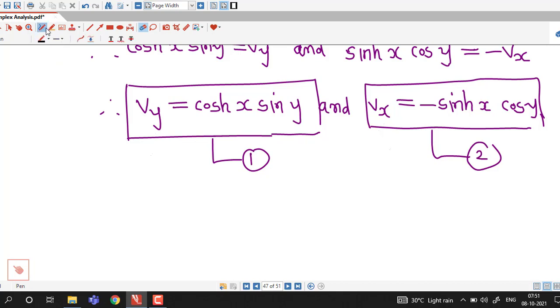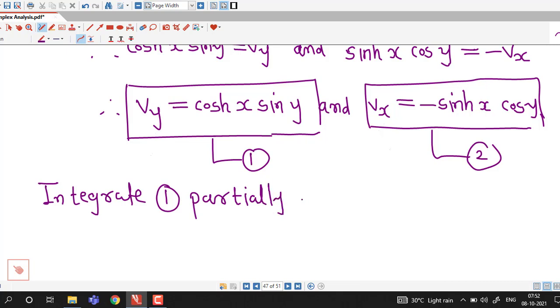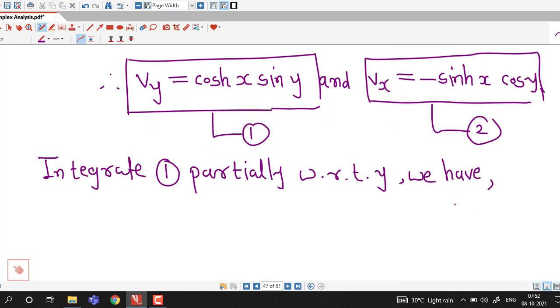In equation 1 we have the partial derivative of v with respect to y. So we will integrate equation 1 partially with respect to y, and we will treat x as constant.